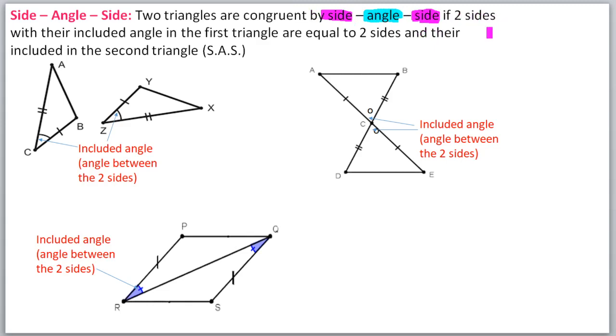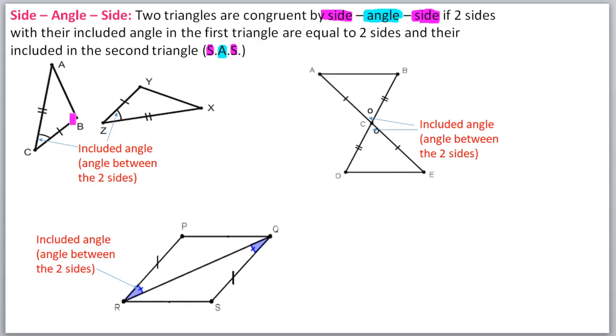Okay, if two sides with their included angle in the first triangle are equal to two sides and their included angle in the second triangle, we call it side angle side. Let's see how.